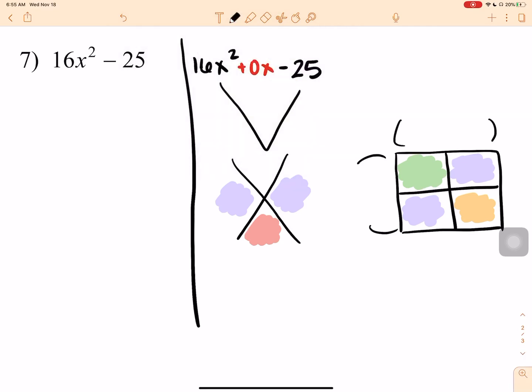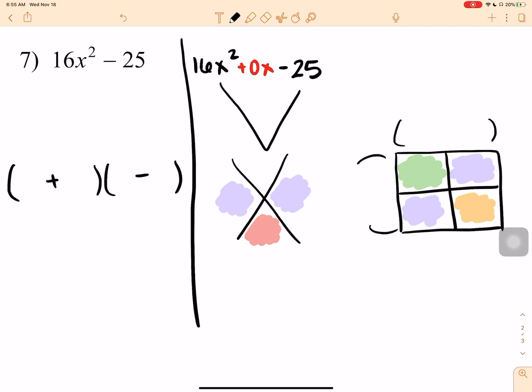So here, if I wanted to do my difference of squares, I know I'm going to have a setup such as this, because that's the only way that that bx term would cancel out.